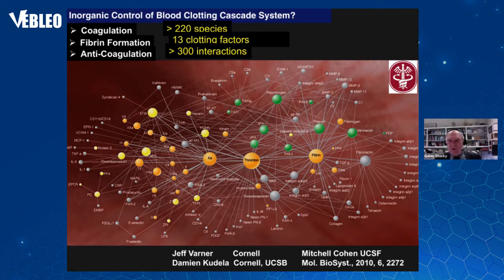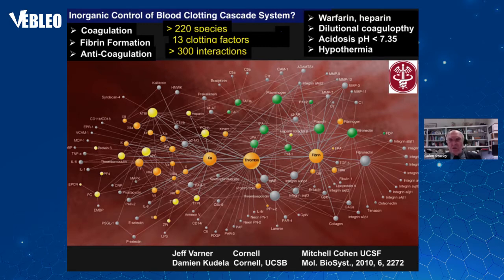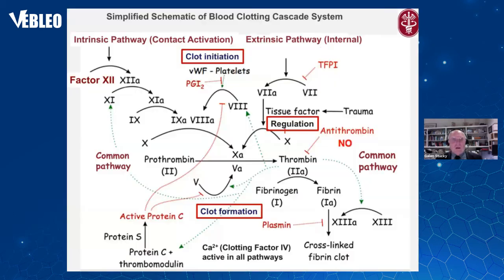And there are about 300 interactions. On top of that, when you're thinking about applying it in the field, you also have to think about individuals who are on blood thinners like warfarin or heparin, and the other parts that happen once the arterial bleeding is initiated.